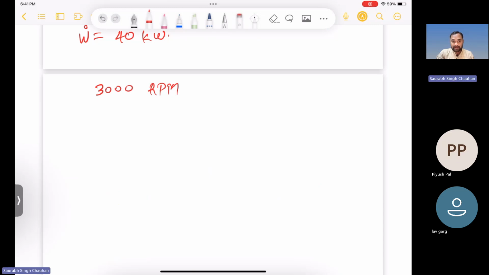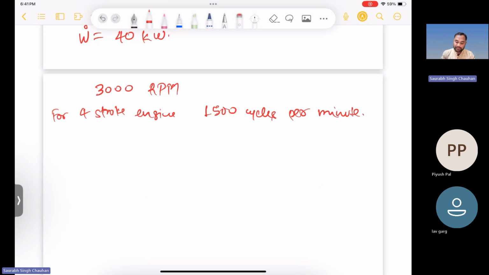In one revolution there is half cycle. So for one cycle there should be 2 revolutions, correct? So for a 4-stroke engine there will be 1500 cycles per minute, correct?